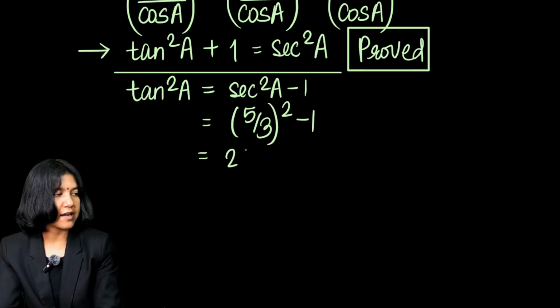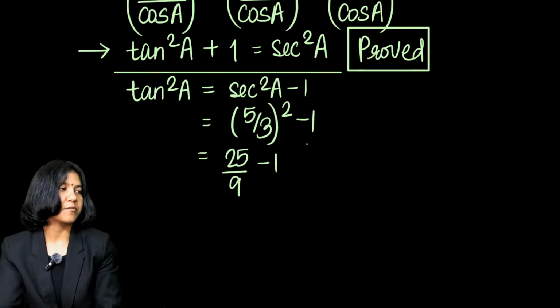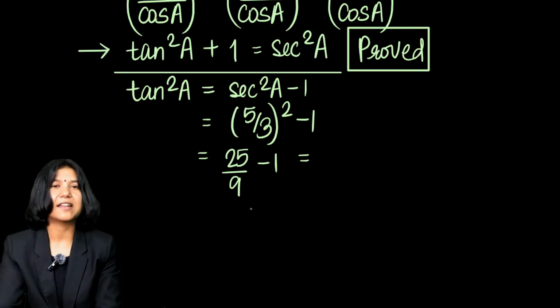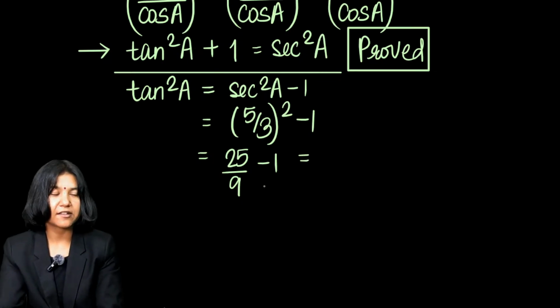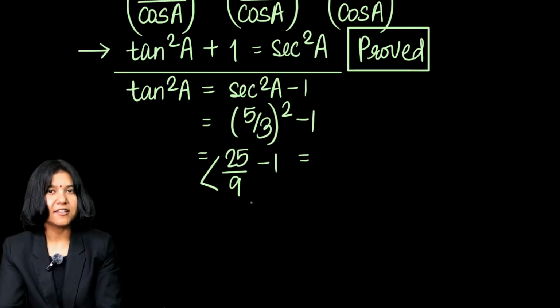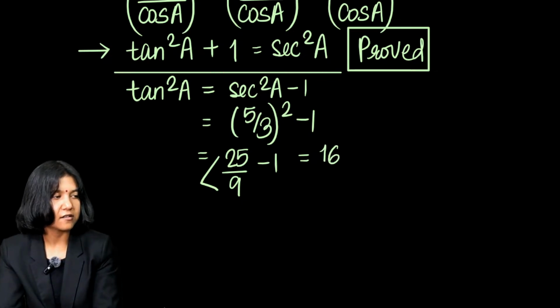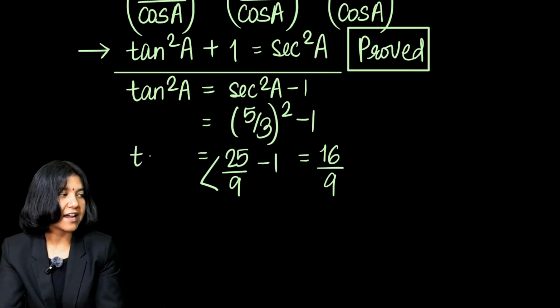25 upon 9. Now subtract 1. Again, subtracting 1 is very simple. 25 by 9 is an improper fraction, so we can subtract 1 by simply finding the difference. 25 and 9 have a difference of 16. So the answer is 16 upon 9. That's the value of tan square a.